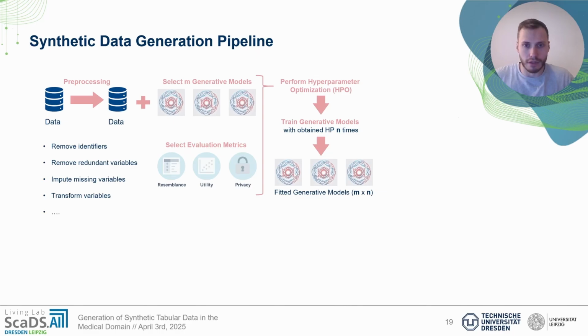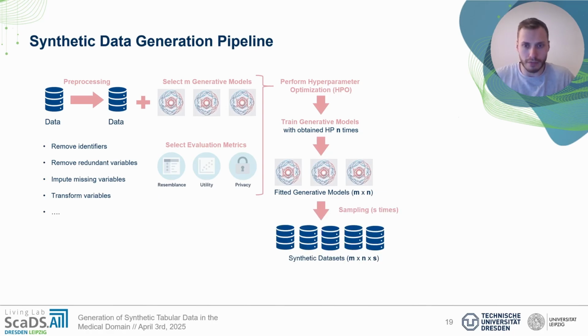And then we have multiple fitted generative models. And we would do that multiple times again. Why not a single time? Because there's a difference in quality depending on the random seeds that we use for training. So if our goal is just to publish the data, then we can train a few more models. And once again, we can sample multiple times from each model because there's also a difference in quality for each sample.